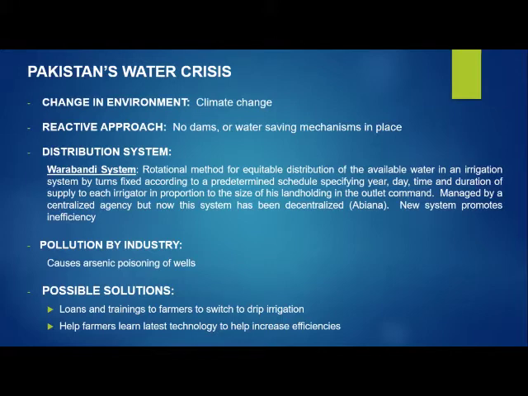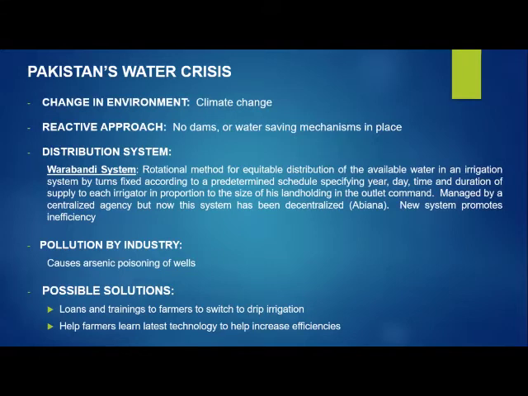So there is a mechanism that is used for water distribution in farms in general. In some cases, there is a centralized agency that manages and makes sure that everybody is complying with the schedule.